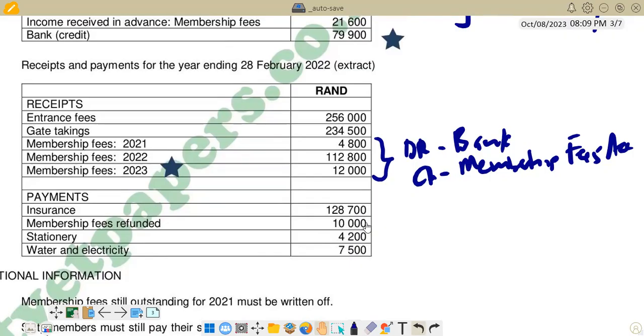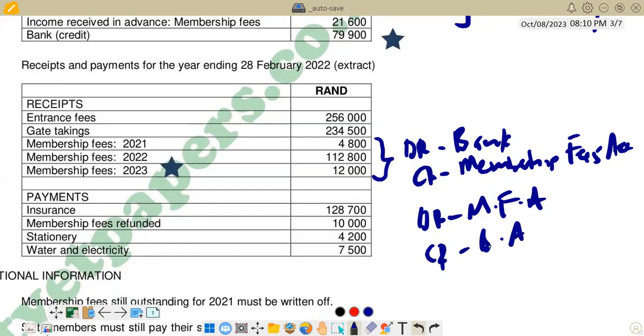So it means when we did this double entry of debiting bank and crediting membership fees, when they are refunding, it means we are reducing the amount of membership fees. So we're going to the opposite side: we are now debiting the membership fees account, and then we credit bank. We are now doing the opposite since it's a refund.